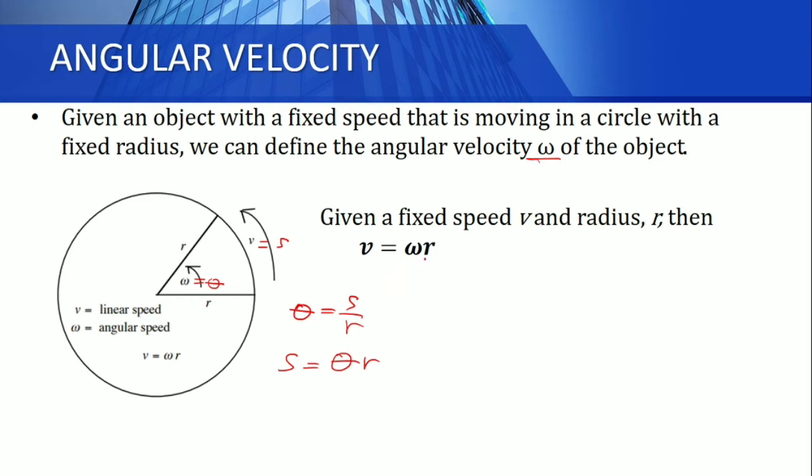So that will be V is equal to omega R. Para makuha natin yung linear speed, i-multiply natin yung angular speed sa radius. Para makuha natin yung angular velocity, that will be equal to V over R, o yung linear speed over yung radius ng ating circle. And yung angular speed natin, that is equivalent to 2 pi over time of 1 revolution.